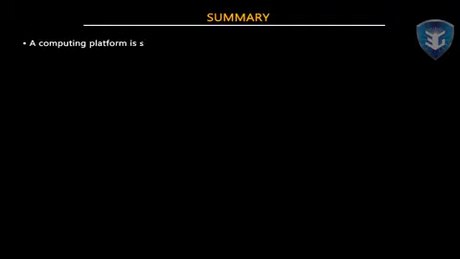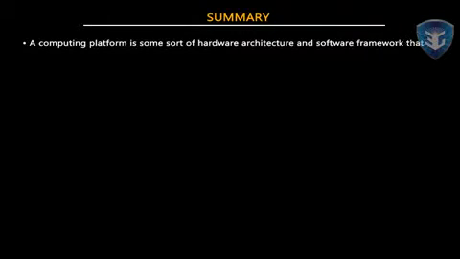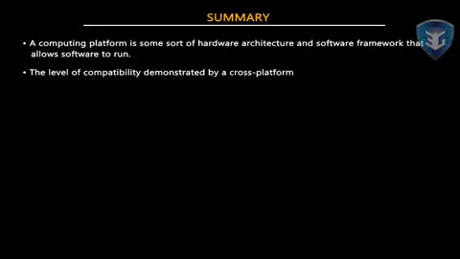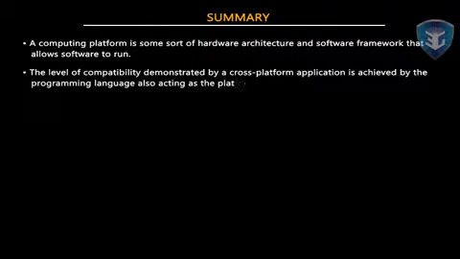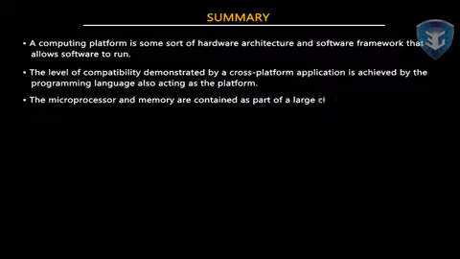Now, in the end, let us summarize what we have learned in this lecture. A computing platform is some sort of hardware architecture and software framework that allows software to run. The level of compatibility demonstrated by a cross-platform application is achieved by the programming language, also acting as the platform.